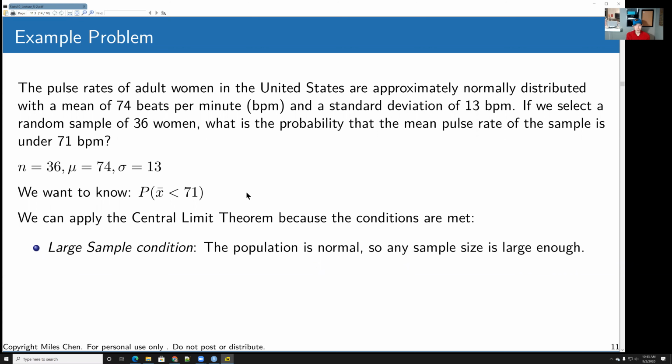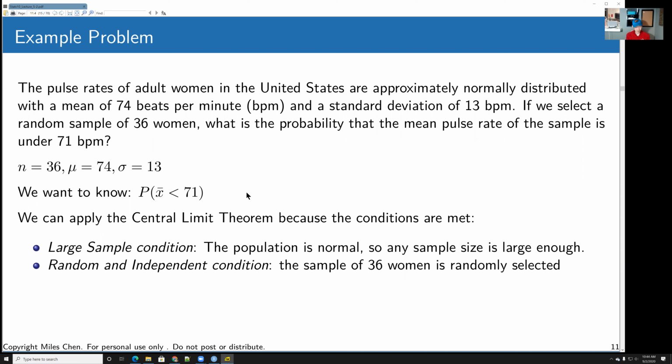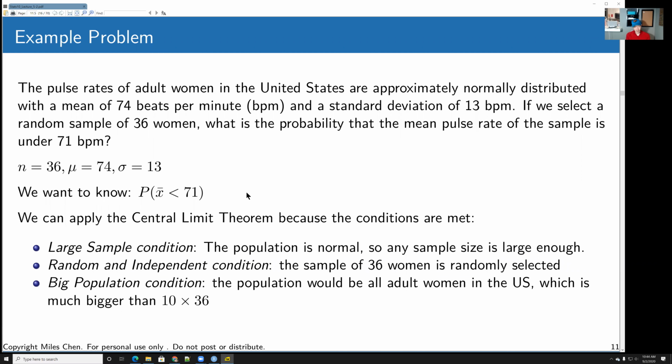Here we said the population is normally distributed, so any size sample is large enough. We have a sample of size 36, so even if the population was not normal, 36 is considered big enough. The sample is randomly selected, and the population would be all adult women in the United States, which is much bigger than 10 times our sample.